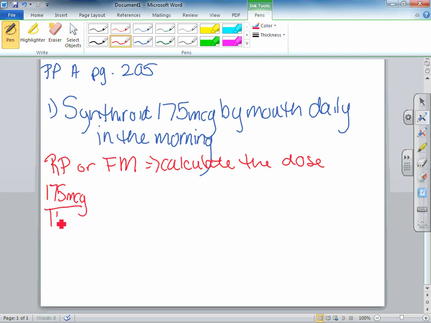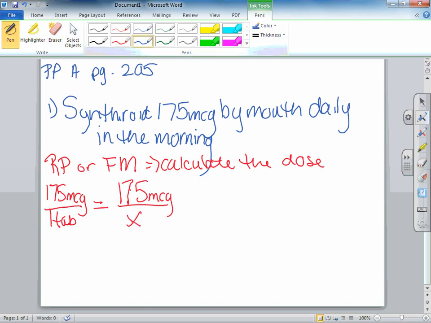Per tablet, all right? Equals, what is the order asking for? The order is asking for 175 micrograms. If you're solving this ratio proportion, remember, your units have to mirror both the left side and the right side. So if the order is asking for 175 micrograms, does it go at the top or at the bottom of the right-hand side? If you said the top, you are correct. That 175 micrograms goes at the top and X goes at the bottom.